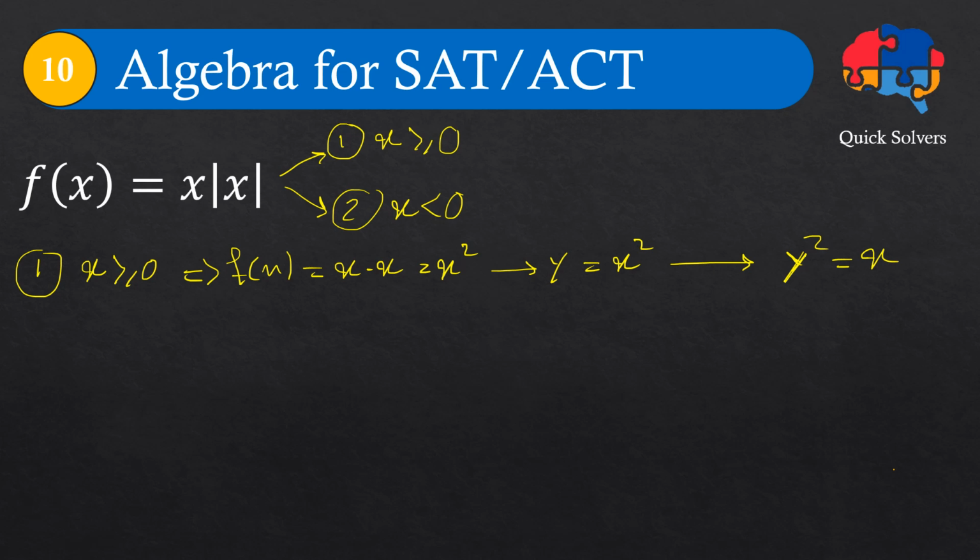What I have done here is replace x by y and y by x. When I do this, the original range for x becomes the domain of y. So I can conclude that y equals plus or minus square root of x.